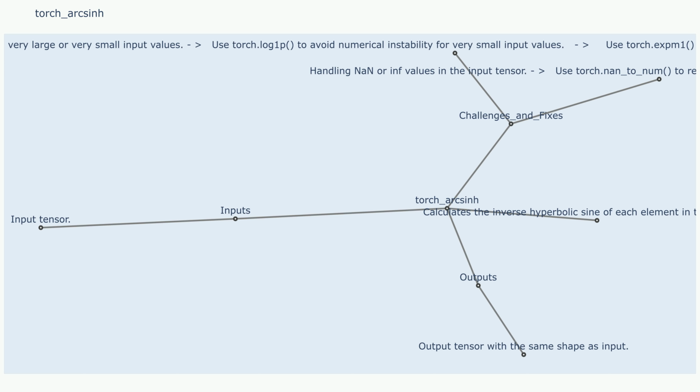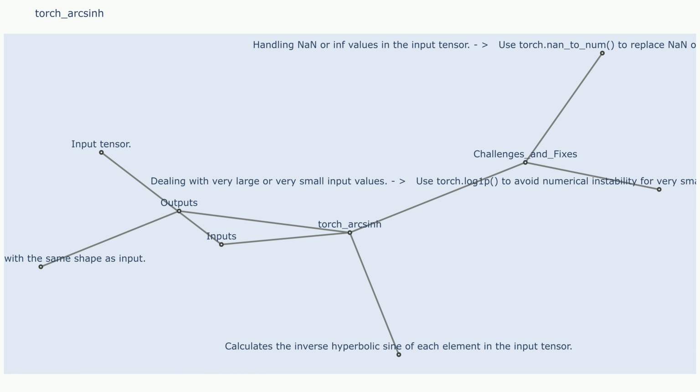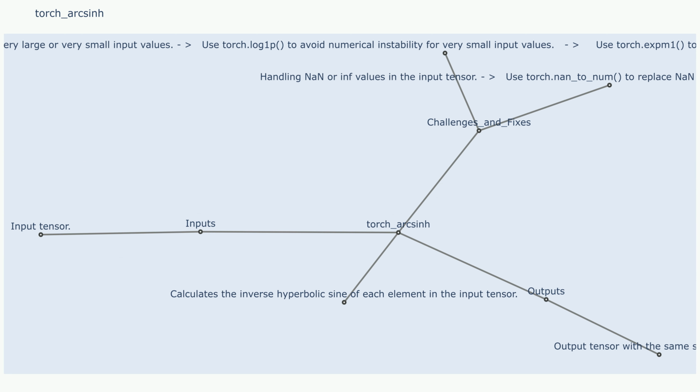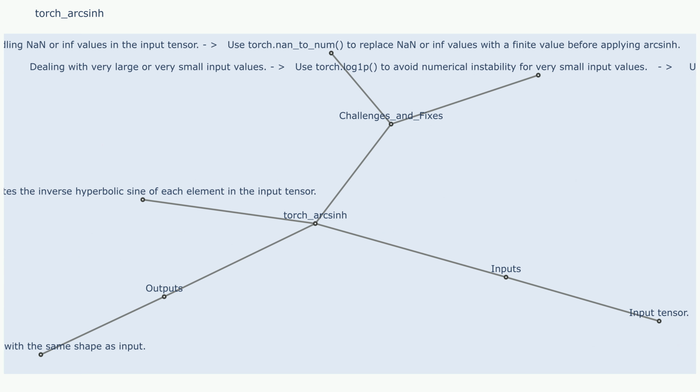torch.arcsinh. Description: the torch.arcsinh function computes the inverse hyperbolic sine of the input tensor element-wise. It is also known as the area hyperbolic sine function. Inputs: a tensor of any shape containing the input values for which the inverse hyperbolic sine needs to be calculated.